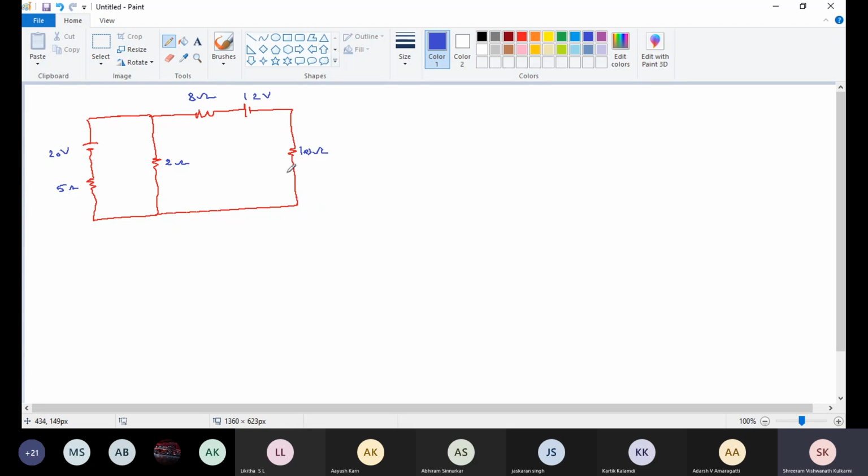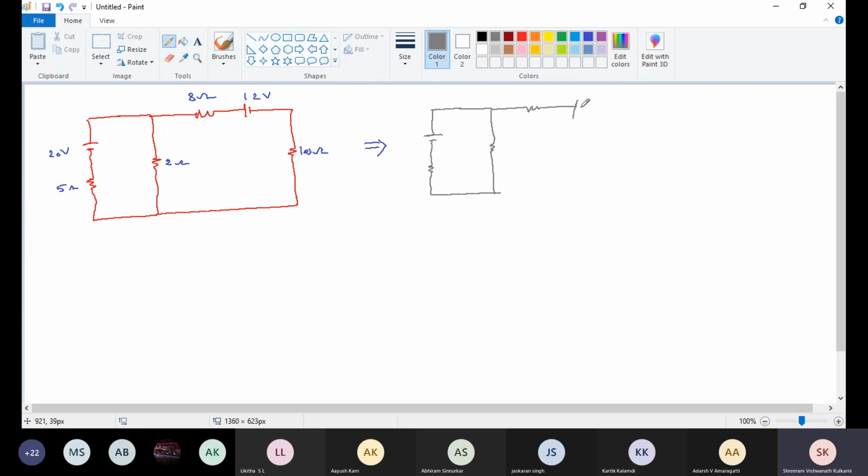Now, first step. Tell me, what is my first step? Short circuit 10 ohm. Yes, short circuit 10 ohm. I'm going to short circuit this one, otherwise I'll write another diagram so the steps can be remembered.